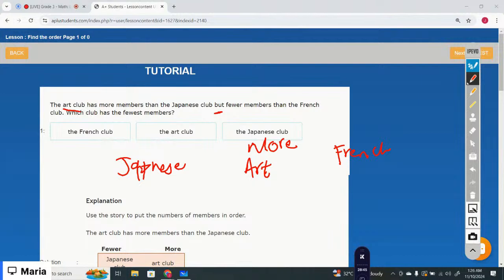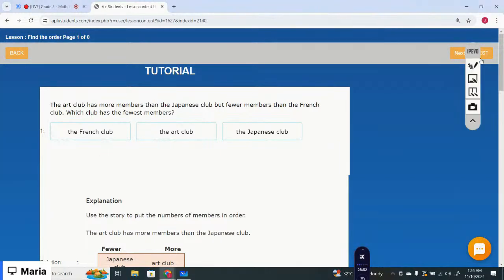Japanese has the fewest, right? Japanese has the fewest. Let's just start with the test questions.